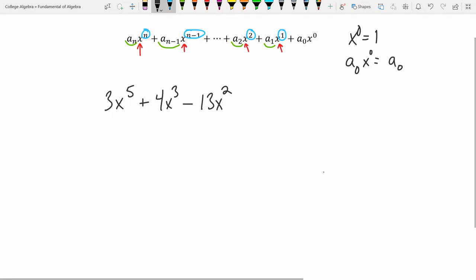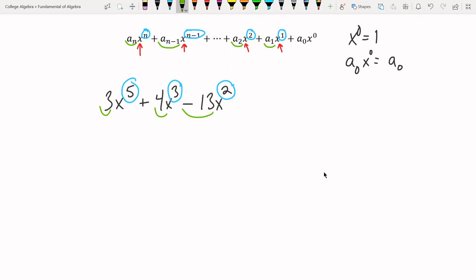Here we have the highest power is 5, the next highest is 3, the next highest is 2, and you see that this is written in standard form. It goes from the highest power to the lowest power. Here too are the coefficients. We have 3, 4, and negative 13. And of course our variable is just x for this polynomial.